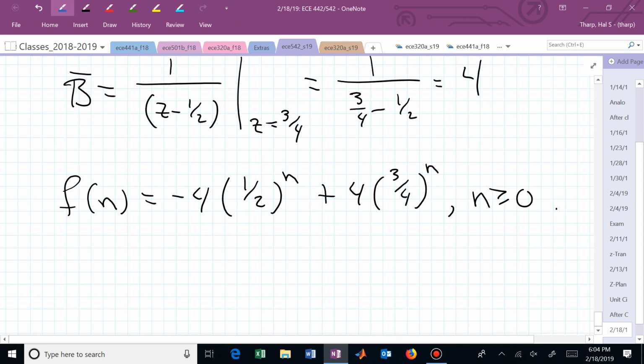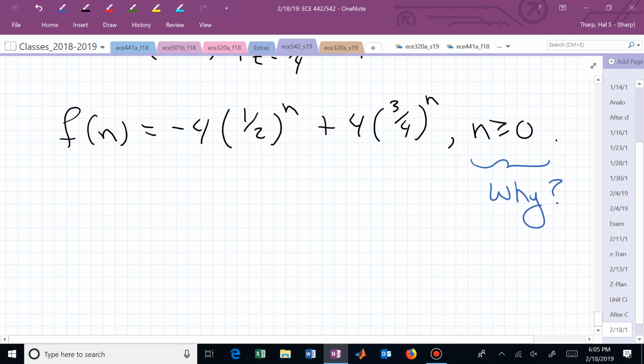And what if somebody says, why? Can you now explain why you're putting this range of n, or making this a causal waveform? Can you explain to somebody why we were able to conclude n was greater than or equal to 0?